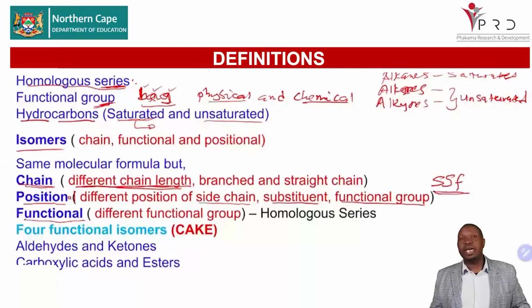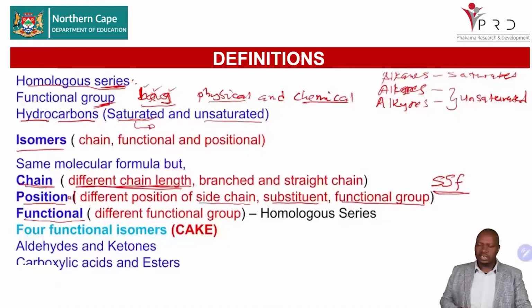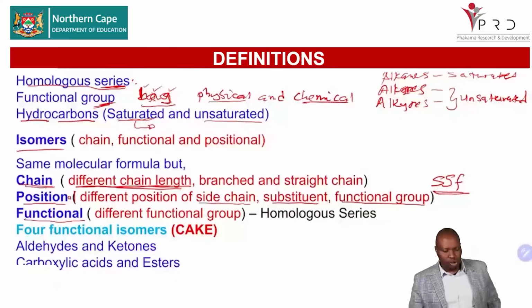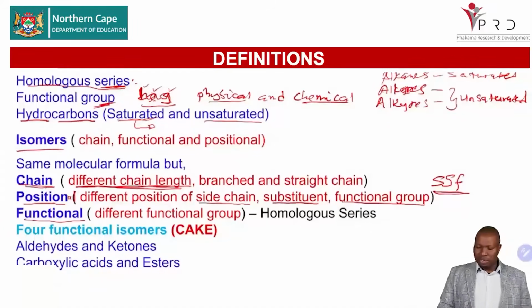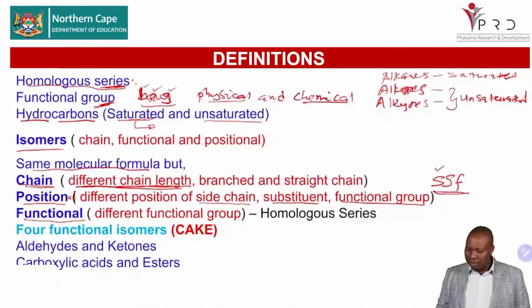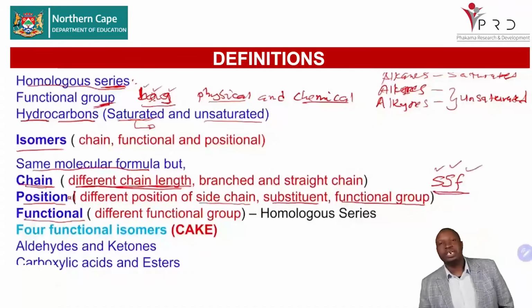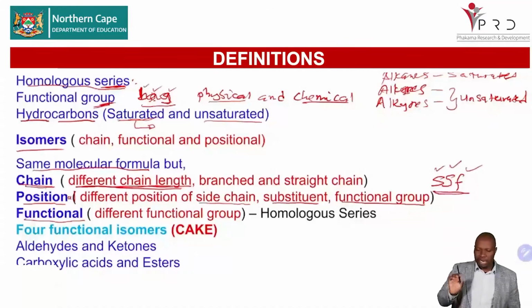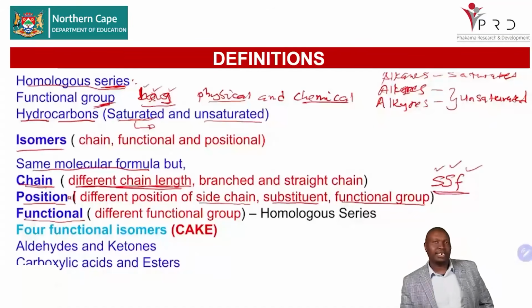Please write the correct definition according to the exam guideline. So please ensure that for positional isomers, we're saying the organic molecules have the same molecular formula, but different position of the side chain, of the substituent, and of the functional group. Please, SSF, remember always that.